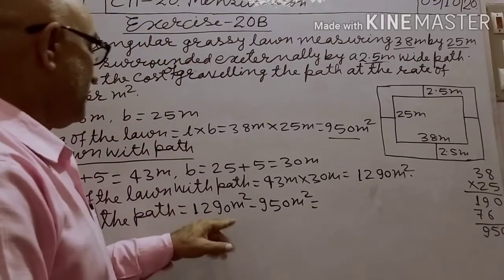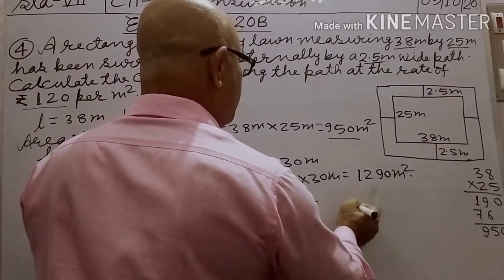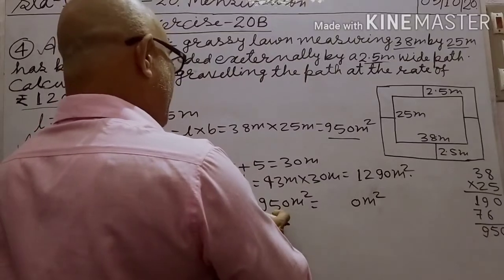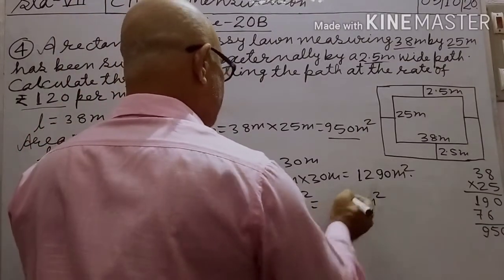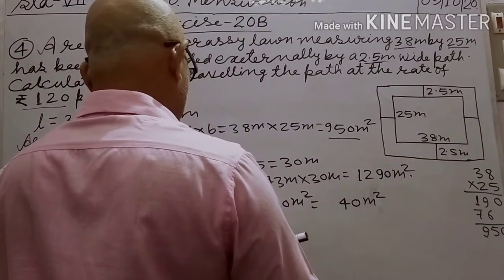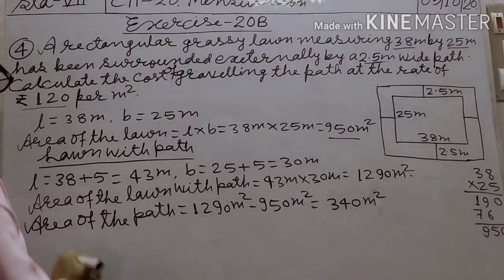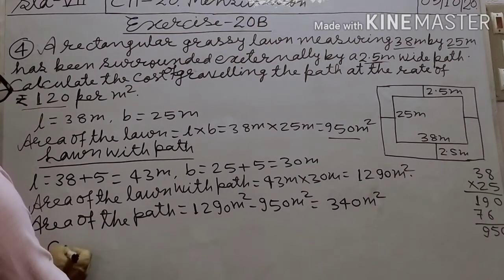Subtract it: 0 minus 0, 9 minus 5 is 4, and 12 minus 9 is 3. 340 meter square.